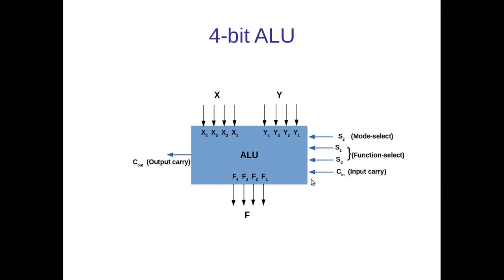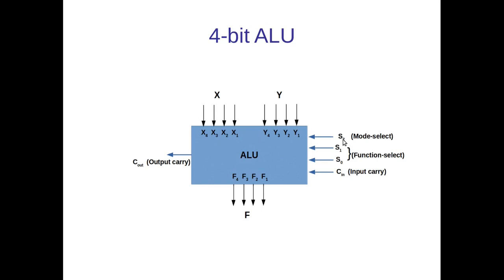Cin is the input carry and Cout is the output carry. Then we have a set of select lines S0, S1 and S2, where S2 is mode select. That will select either arithmetic operation or logic operation, based on the value of S2.